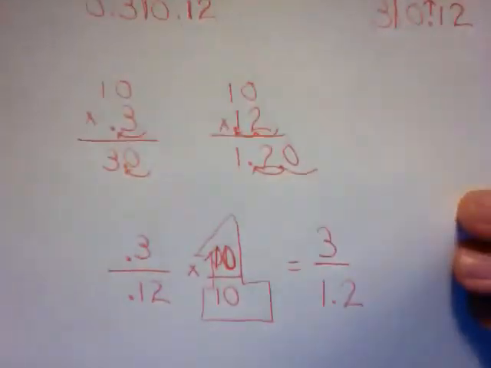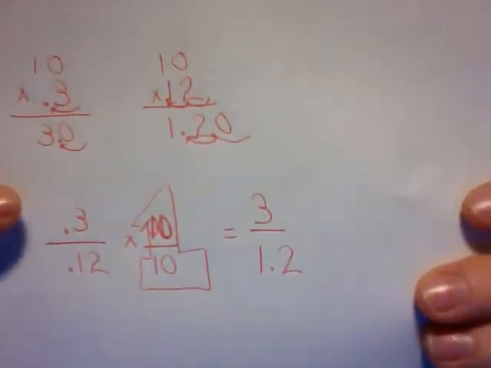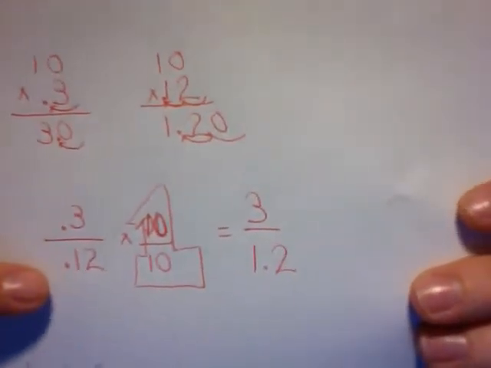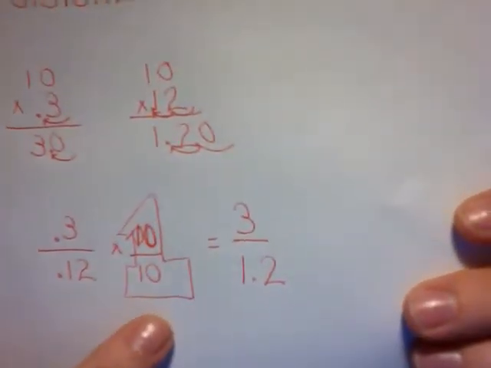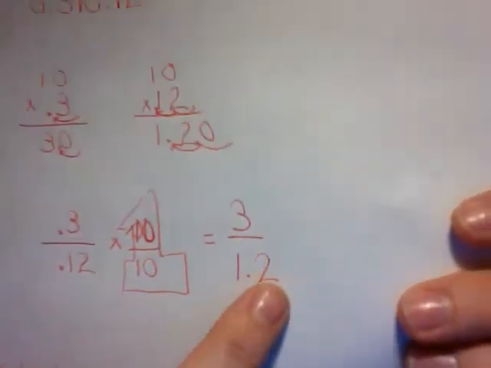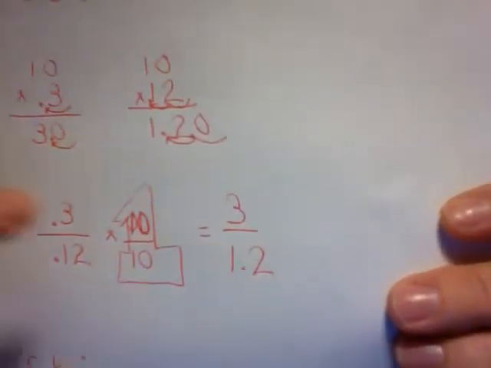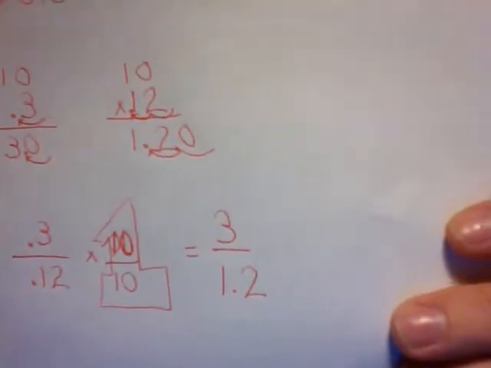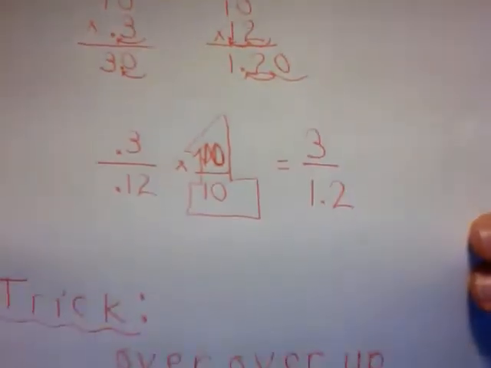It's actually like an equivalent fraction. If I have 3 tenths over 12 hundredths, and I multiply them both by that special form of 1 called 10 over 10, it's equal to 3 over 1.2. So I know that looks a little goofy, but here's the trick.